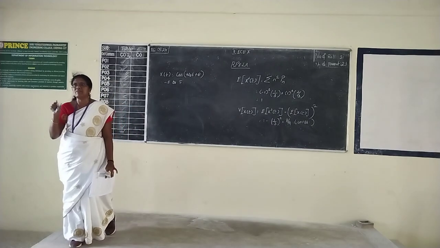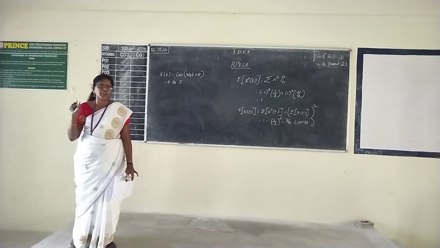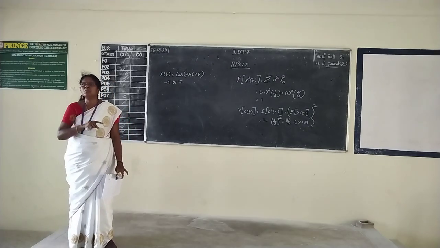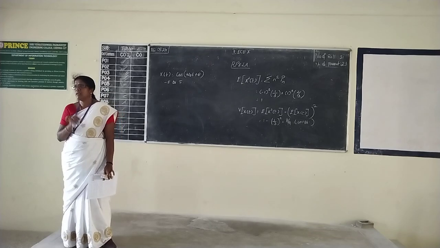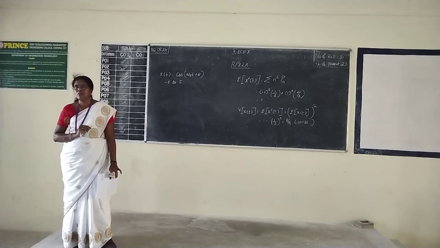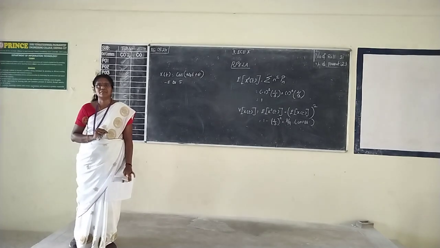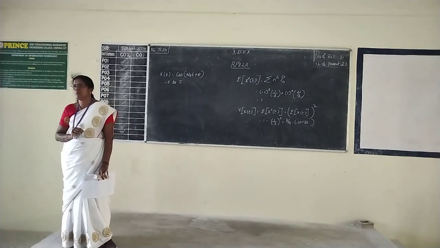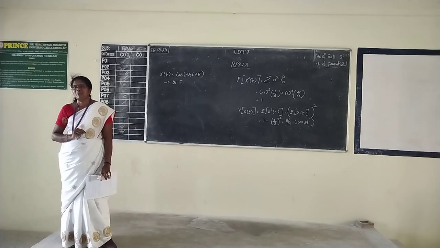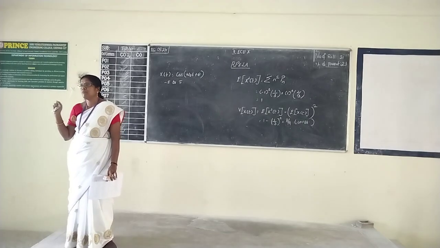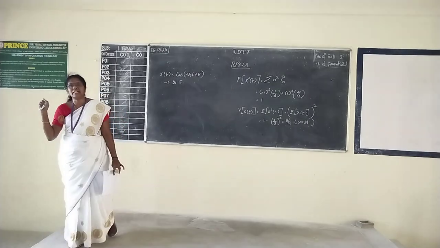Normally in your statement they will mention which distribution it is going to follow. For that purpose only, distributions are included for you in your unit 1. Here what distribution is it going to follow? Uniform. How do you define uniform? Uniform distribution, unit 1: f of x is equal to 1 by (b minus a) for the interval a less than x less than b.